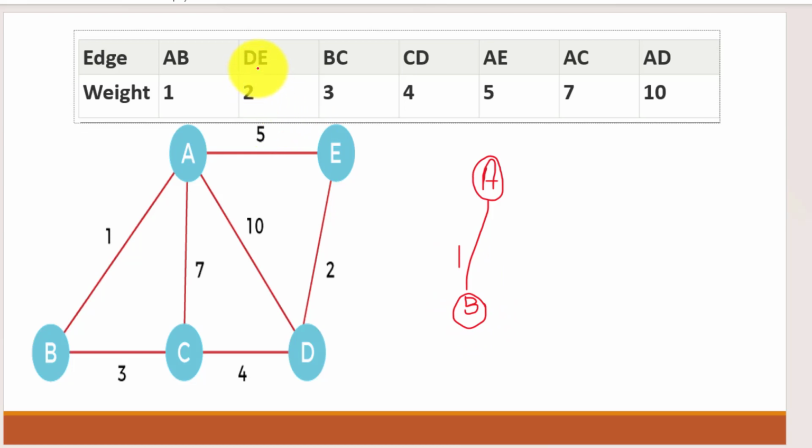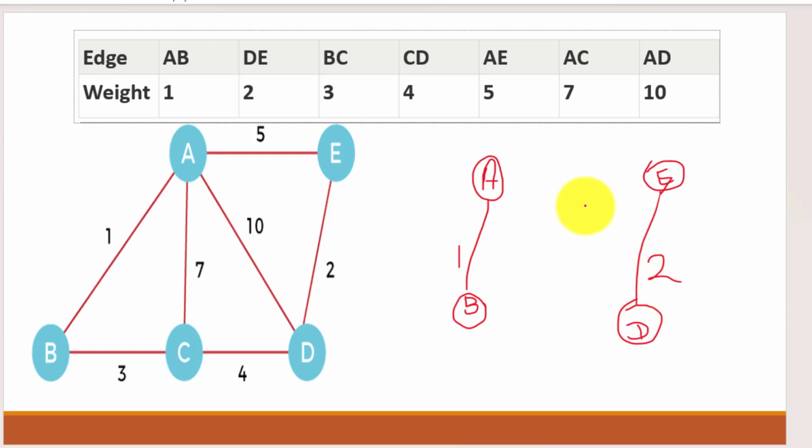After AB there is DE, so I can draw this graph as I select the second edge, D to E, and this edge has weight 2.